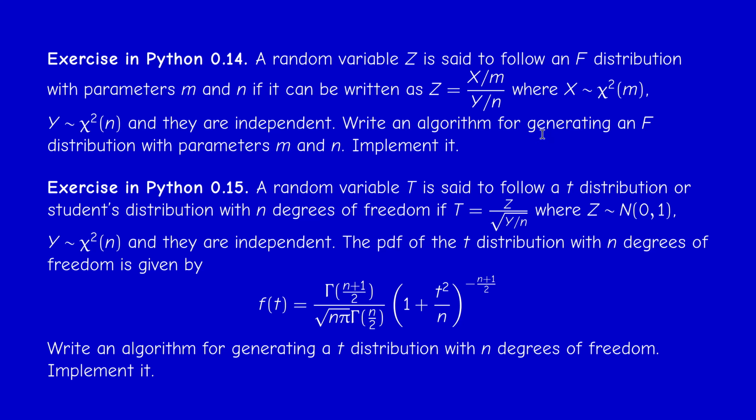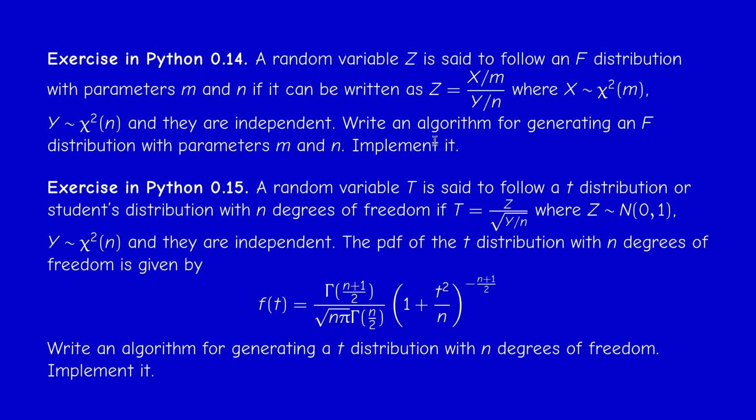So I want you to write an algorithm for generating an F distribution, and to implement it. And once again, all these distributions are implemented in NumPy and SciPy, but I want you to learn the algorithms by implementing them.